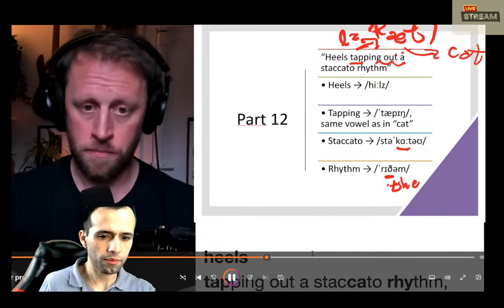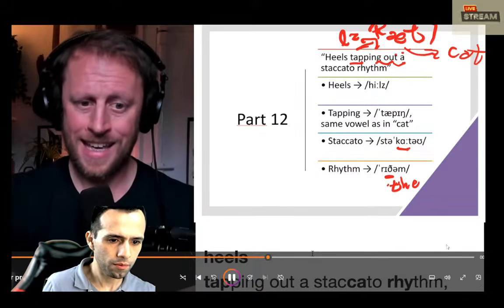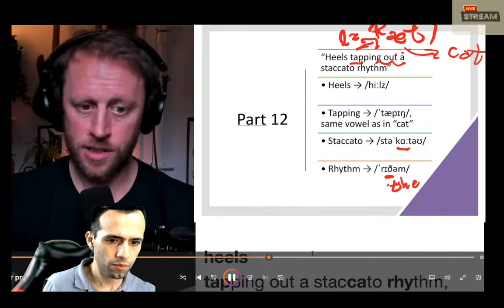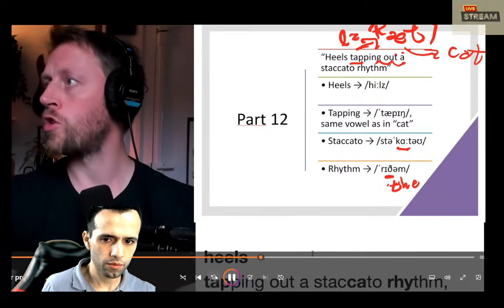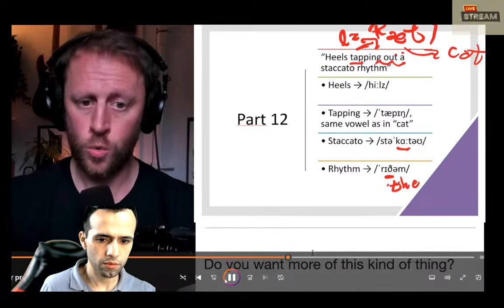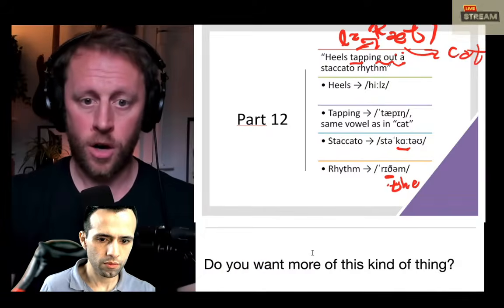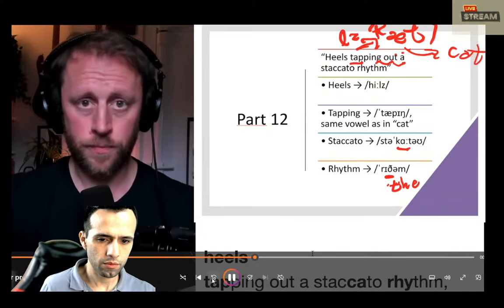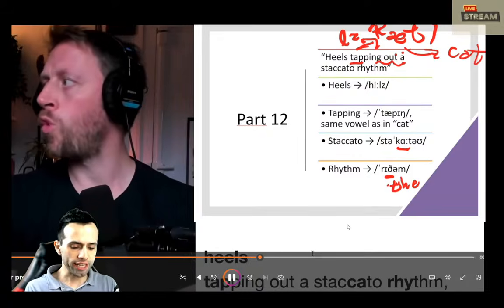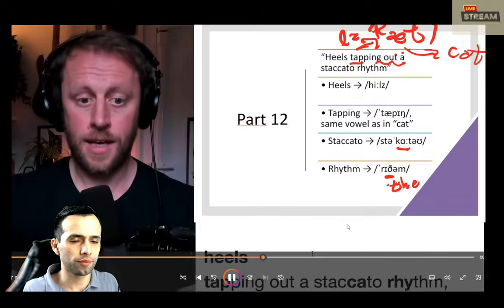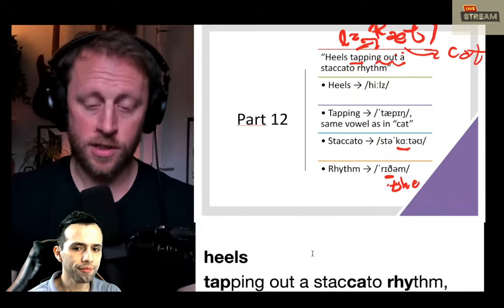Staccato rhythm. Heels tapping out a staccato rhythm.